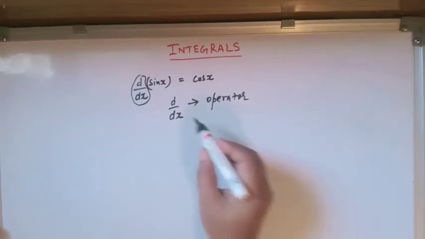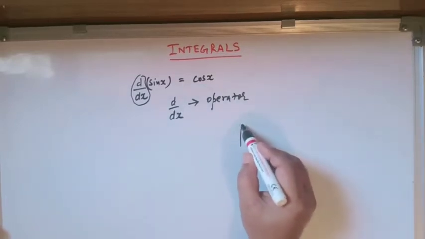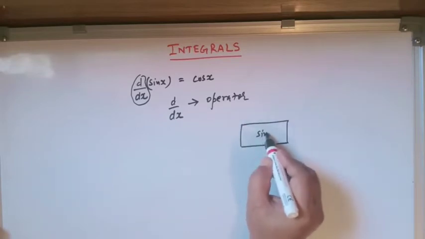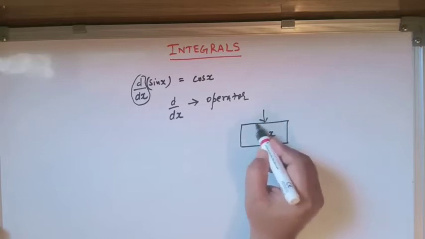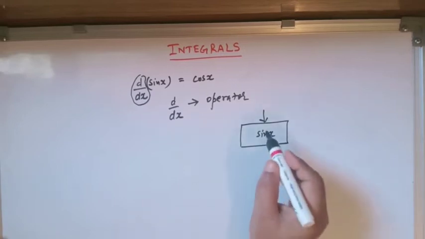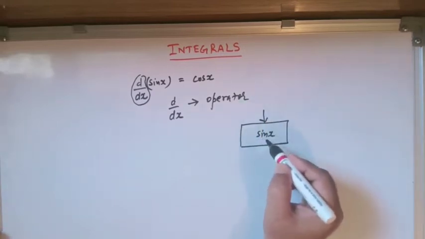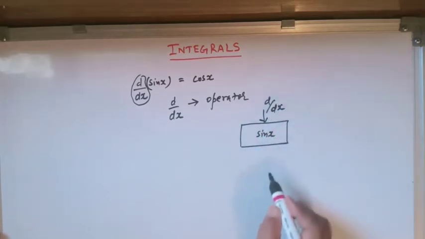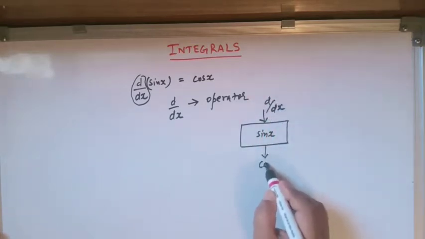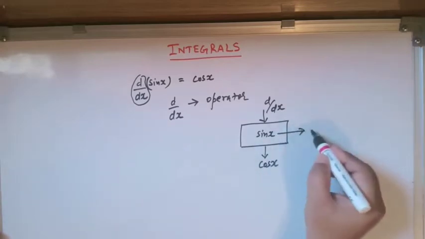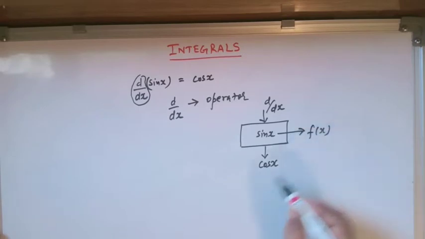Clear? We can understand this fact by taking this figure. Suppose this is a box, or we have sine x, and now if we operate this sine x by d by dx, then we get cos x. So this is the function, say f of x.